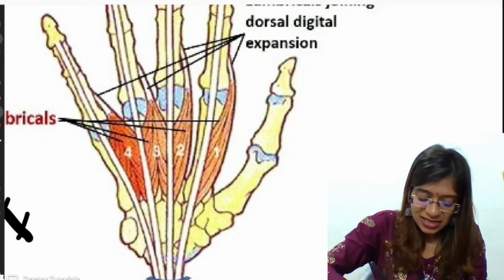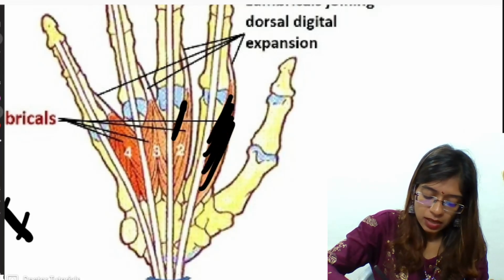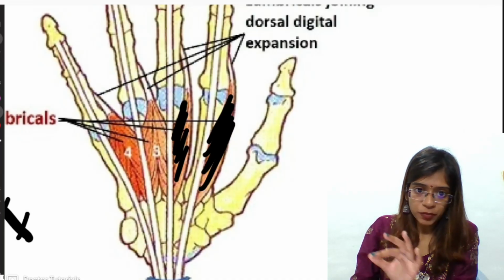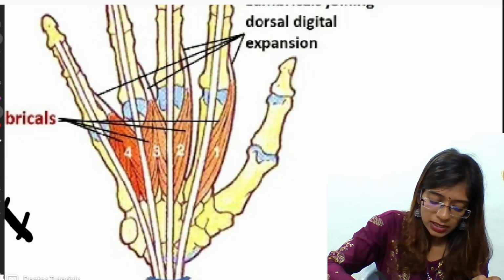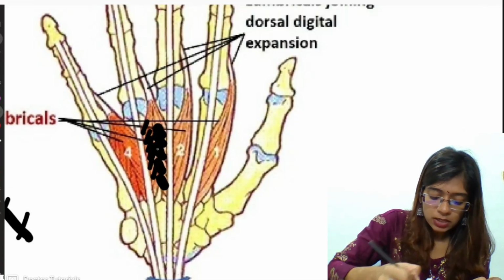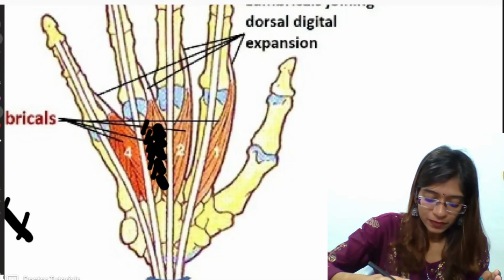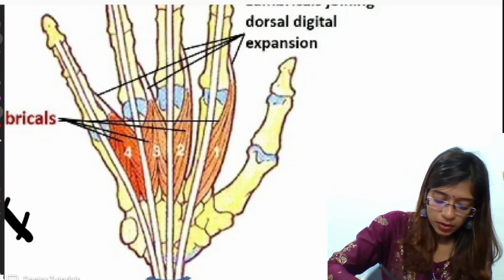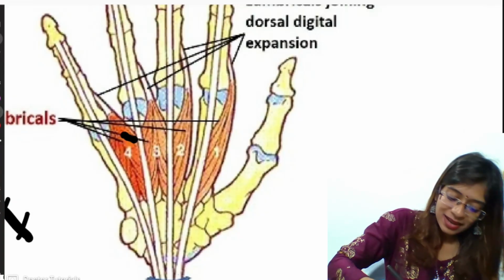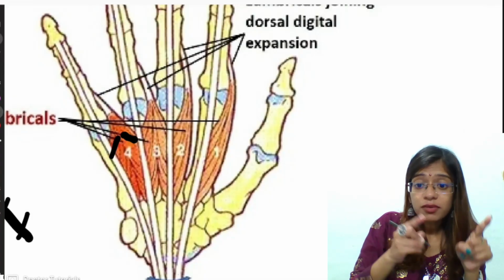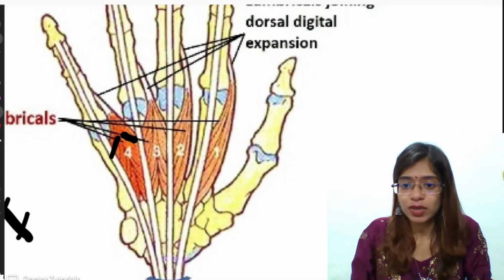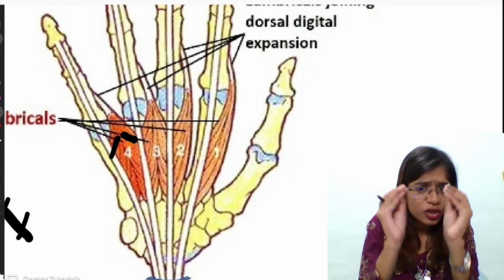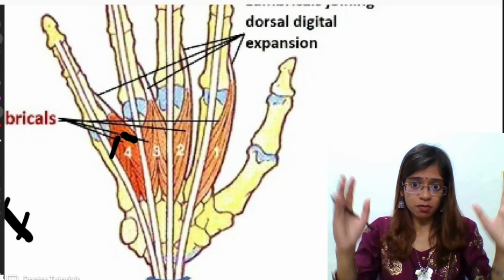No. In the first and second, the muscle arises from only one side of the tendon, which is why I say unipennate. But in the third and fourth, the fibers arise from both sides of the tendon. So third and fourth lumbricals are bipennate. Another viral question: first and second, small numbers, unipennate; third and fourth, big numbers, bipennate.